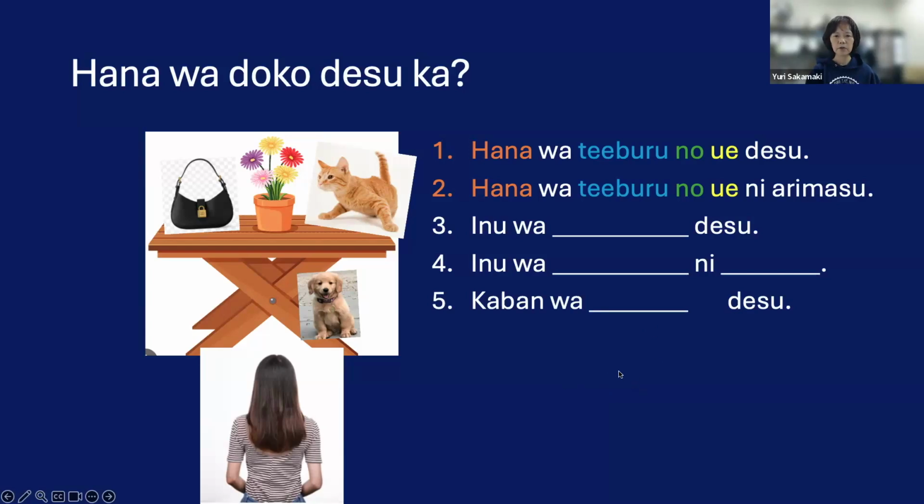Can we say where bags are in two different ways? One is using desu, the other one is using あります. So pause the video and can you complete the sentence for number 5 and 6?